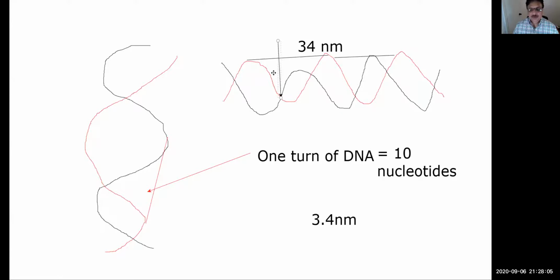This groove is deeper. And the opposite groove, this one, is not as deep as this one. So let's call the deep groove the major groove, and the shallow groove the minor groove.